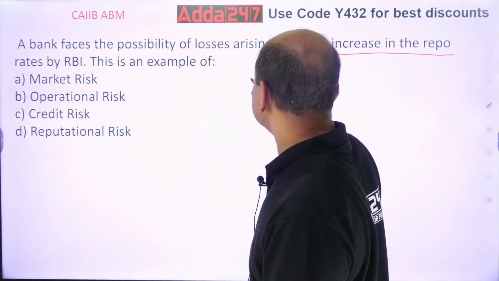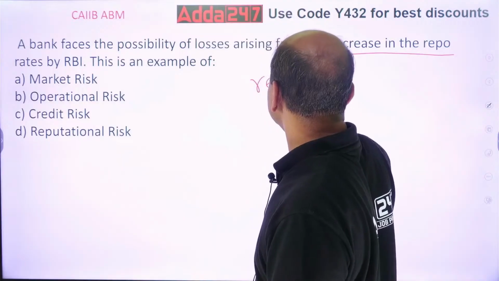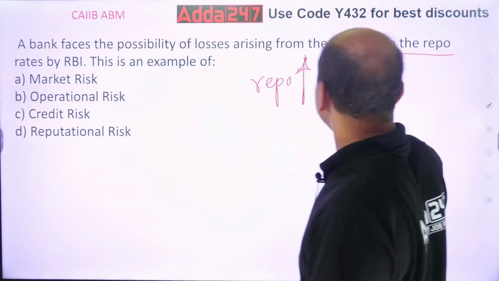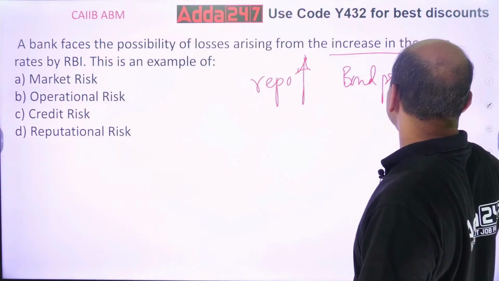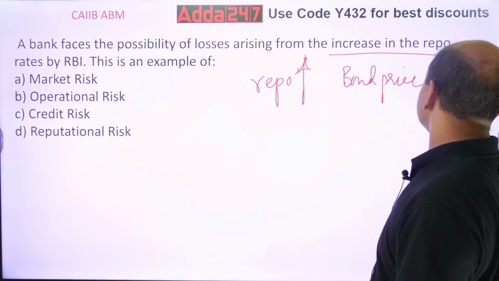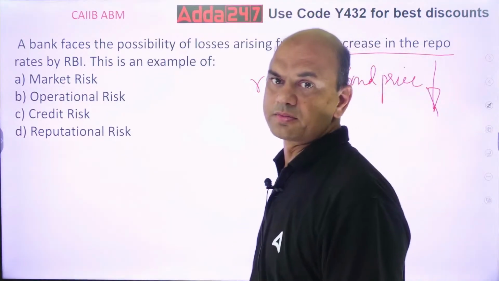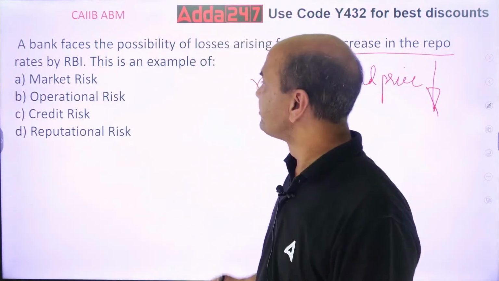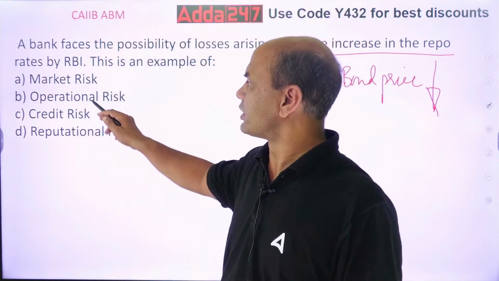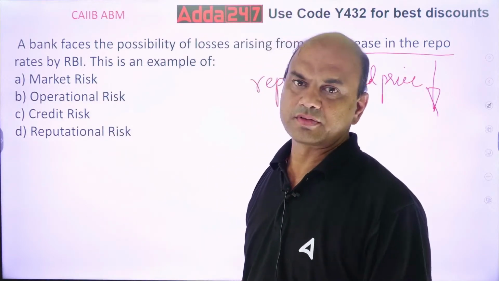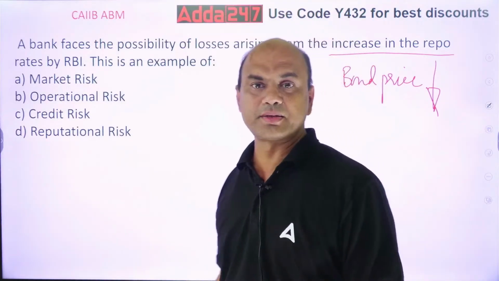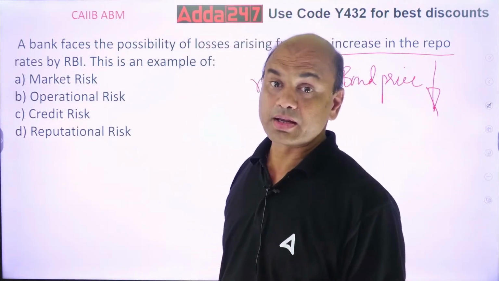If my repo rate goes up, my bond price will go down. It is always in the reverse direction. So, this is an example of what? Market risk, operational risk, credit risk, reputational risk. It is an example of market risk.